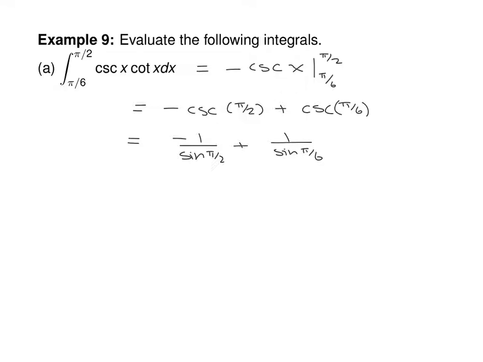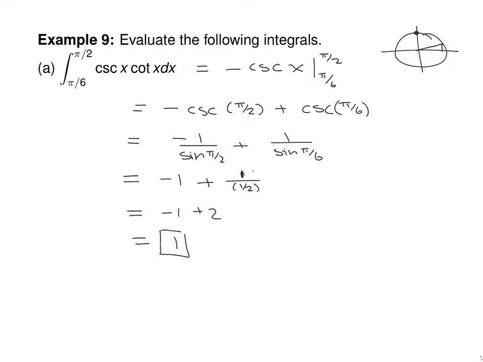And so use your unit circle to figure out what those are. So what is sine at pi halves? So negative 1. How about pi 6? So 1 divided by a half, same as, it's 2, yep. So negative 1 plus 2 will give us 1.